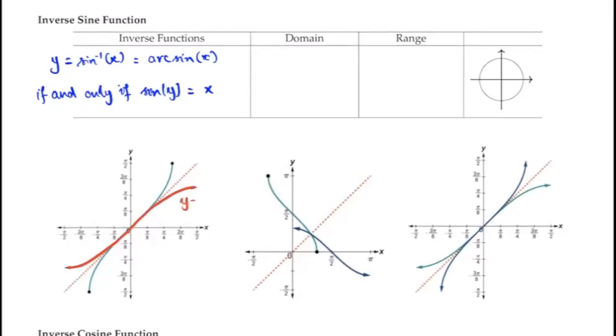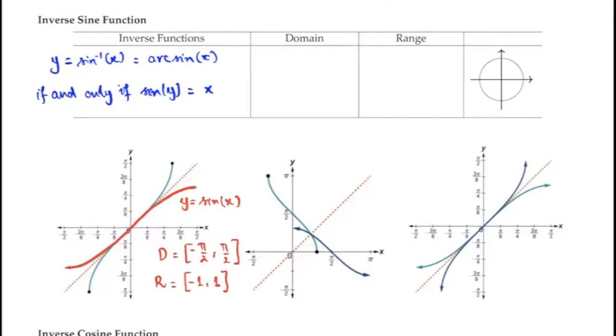Okay, so this is y equal to sine of x, and the domain of sine is going to be from negative pi over 2 to pi over 2, and the range, therefore, is again between negative 1 and 1, because the amplitude is 1.